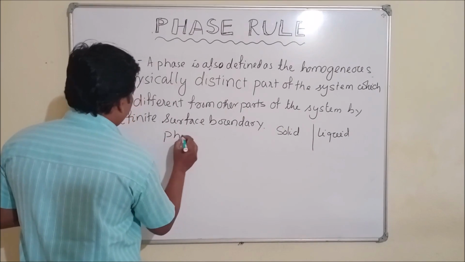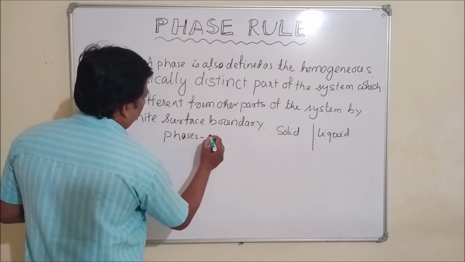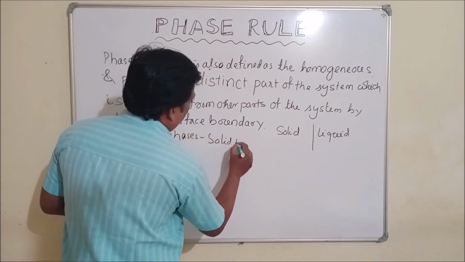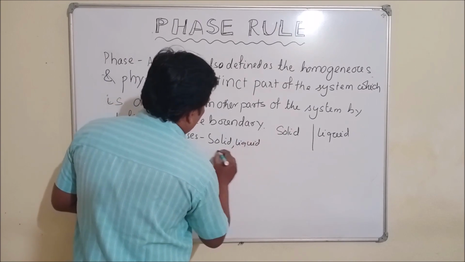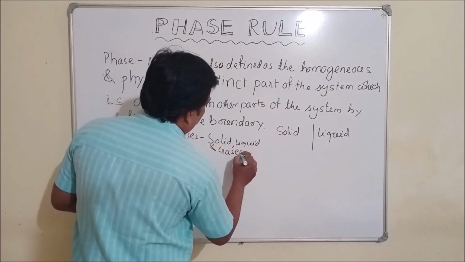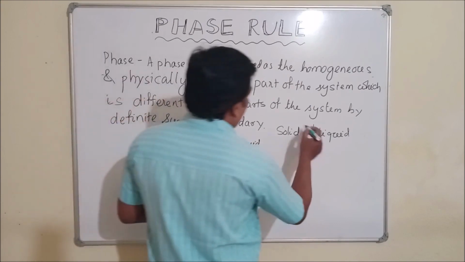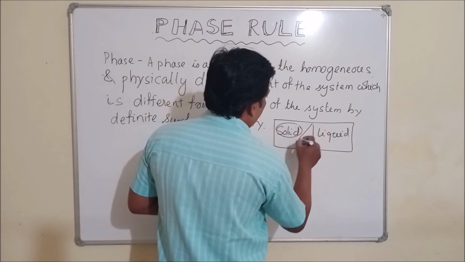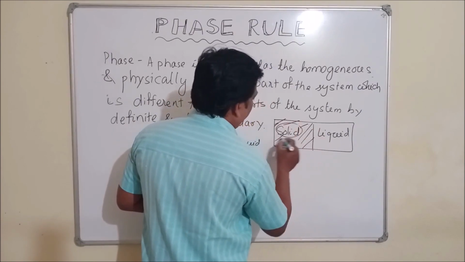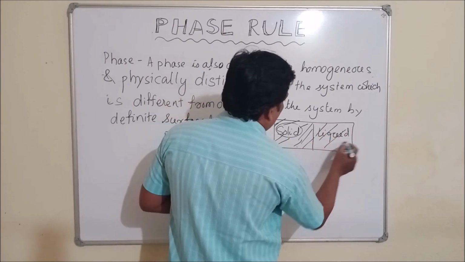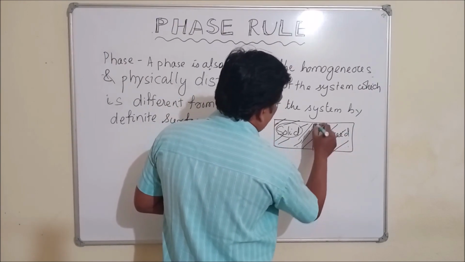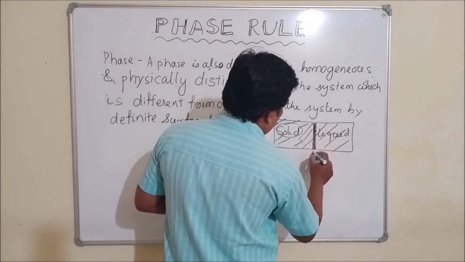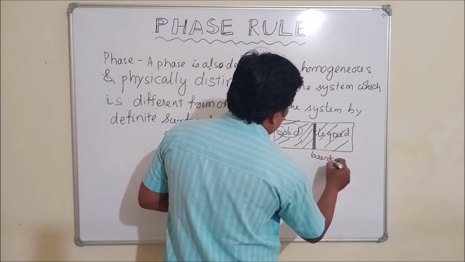We have generally 3 phases: solid, liquid and gaseous. तो यहाँ पे अगर हम एक system consider कर रहे हैं, तो ये वाला solid phase है, ये वाला area solid का, और ये वाला liquid है. तो यहाँ पे system boundary है, और solid liquid अलग है.